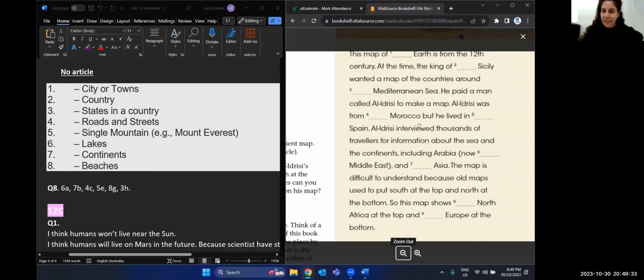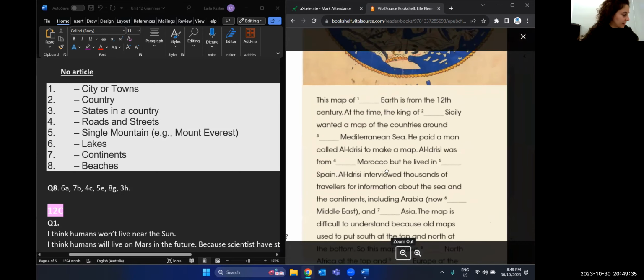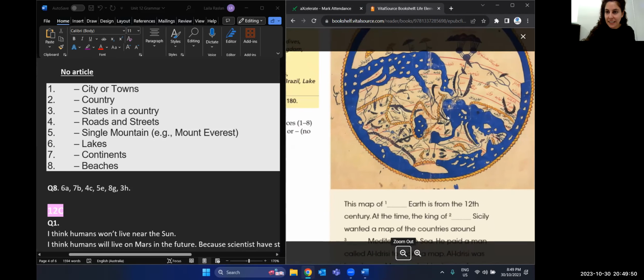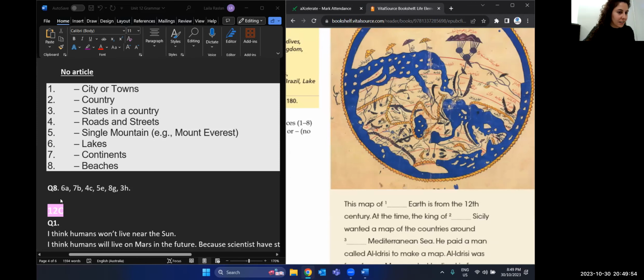Okay, let's do this one here. Number 9, so it says, look at the article and photo of an ancient map. That's here next to number 9. So let's complete, we'll do it together.